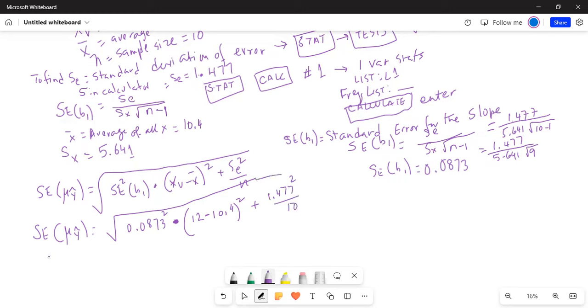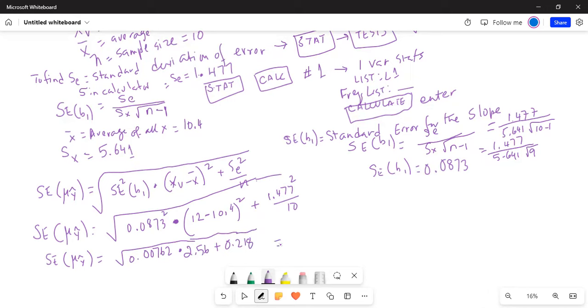Okay, so the standard error for the average value of y hat is equal to the square root of 0.00762 times 2.56, and 1.477 squared divided by 10 is 0.218.